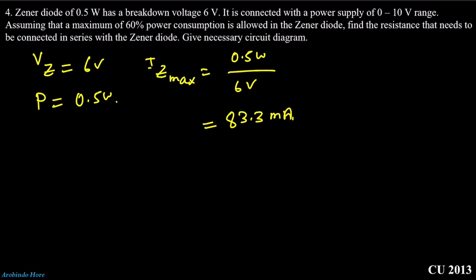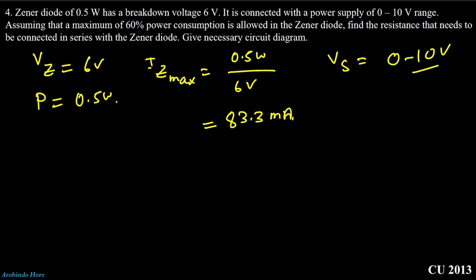It is connected with a power supply of 0 to 10 volt. Assume that a maximum of 60% power consumption is allowed in the Zener diode. Find the resistance that needs to be connected in series with the Zener diode. Give the necessary circuit diagram.